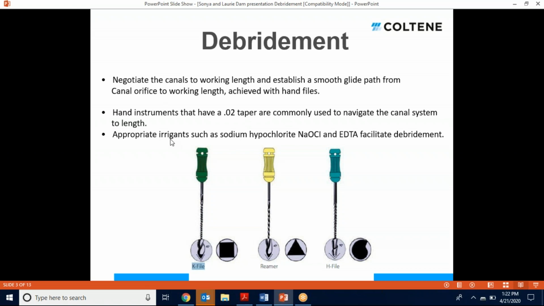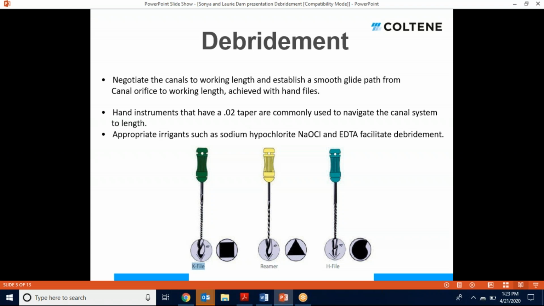All right. So debridement. Following diagnosis, placement of the rubber dam, and accessing the tooth, we're going to have debridement. It's basically negotiating the canals to working length and establishing a smooth glide path from the canal orifice to working length, and this is with the hand files. Here you can see hand file instruments. They have a .02 taper.